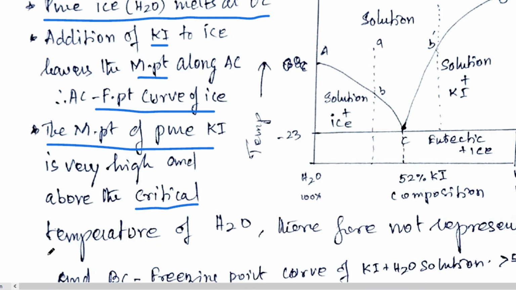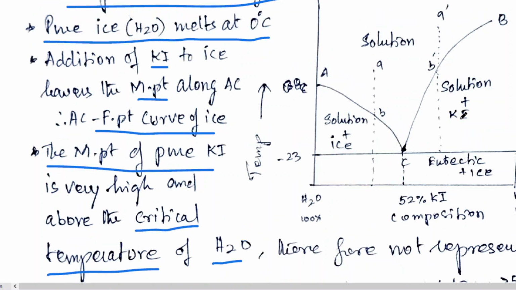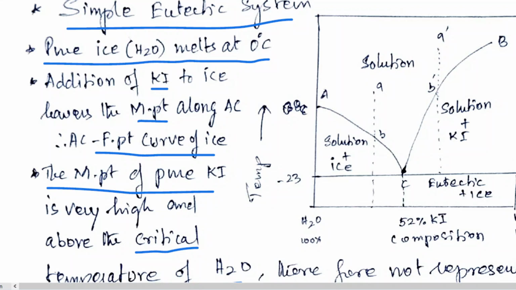It is above the critical temperature of water. That means if you heat pure KI to that temperature, water does not exist, it will decompose. That's why we don't represent the pure melting point of KI here.